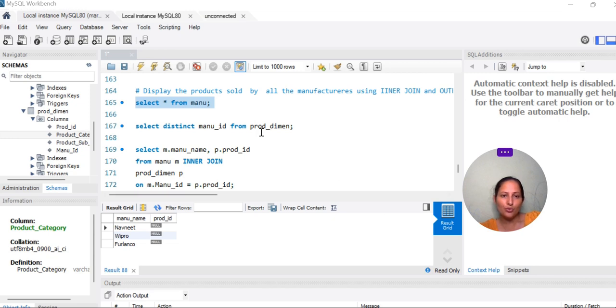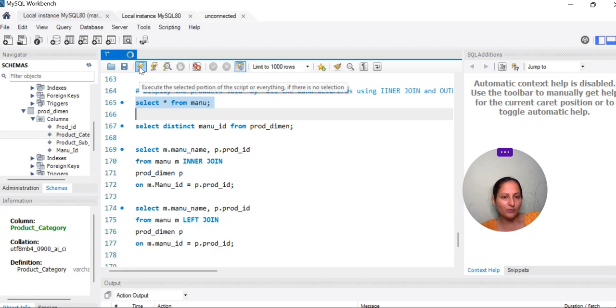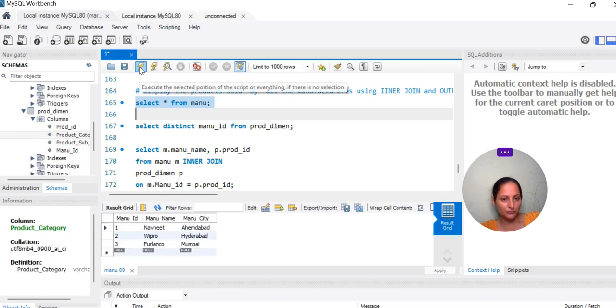So let me consider we want to know what is in the manufacturer table. Select star from the table. All of us know that if we want to see the whole table, we select star from table name. It will give all the information about the table. See, there are three values and a fourth one is a null value.